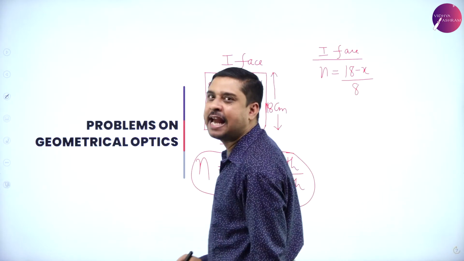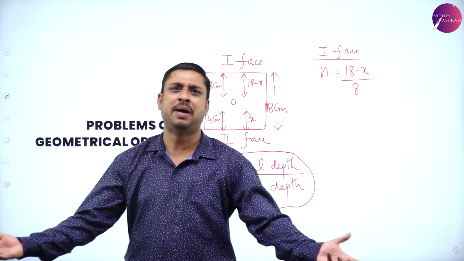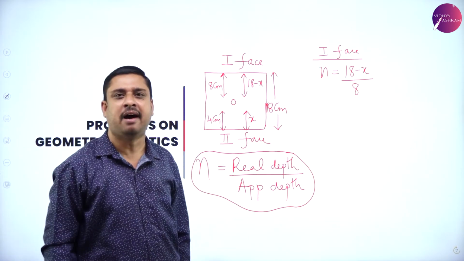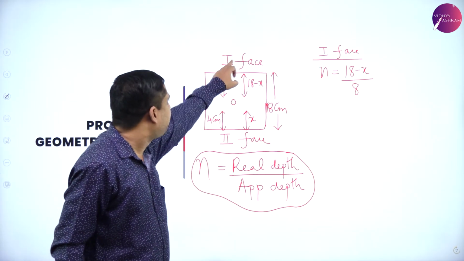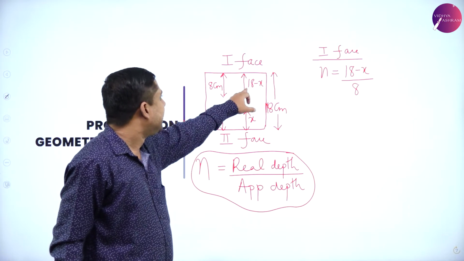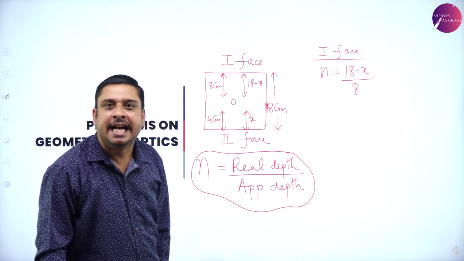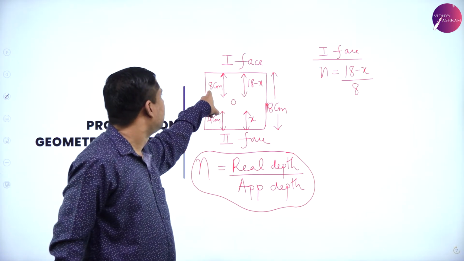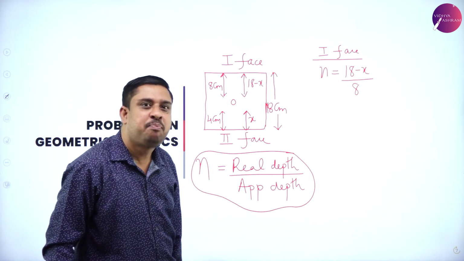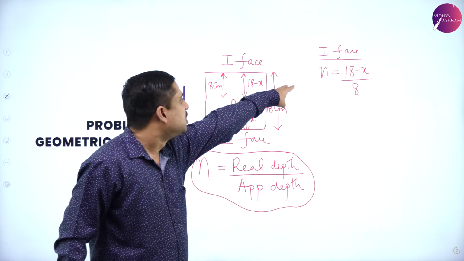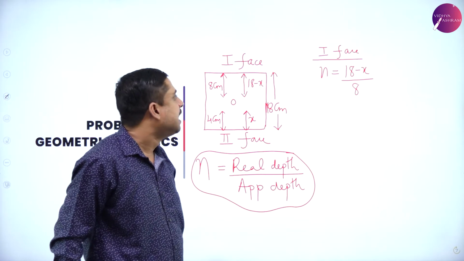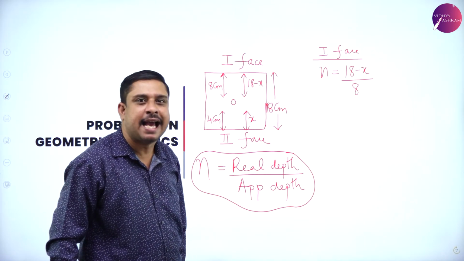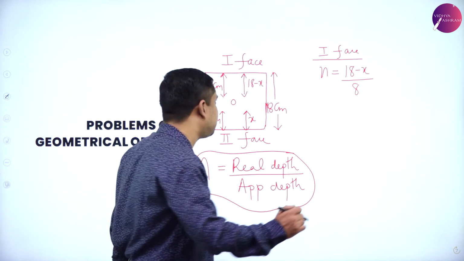Apparent depth is 8. Simple, no other logic. First phase, real depth 18 minus x, apparent depth 8. So refractive index is 18 minus x divided by 8.